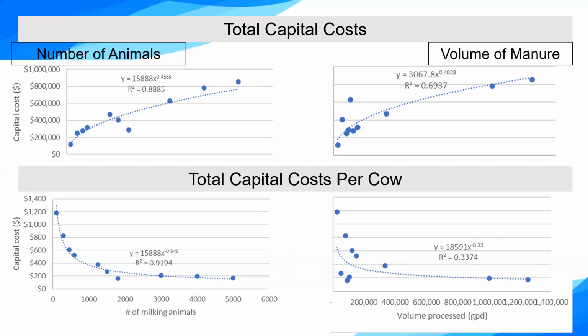I've seen it done with number of total animals, number of milking animals, and manure volume processed. And so, having data reported in these different ways makes it kind of hard to use literature data to build models. But then also just generally, what is the most realistic and meaningful way to model capital costs?